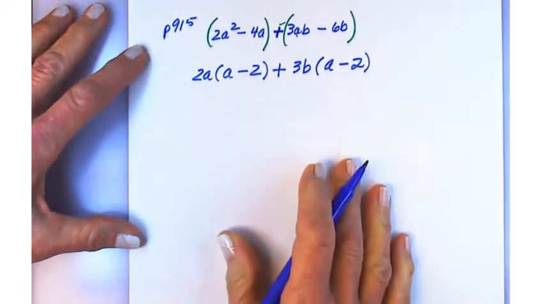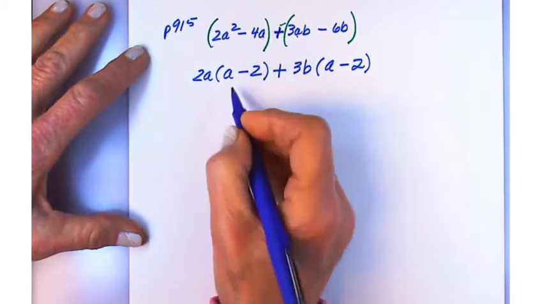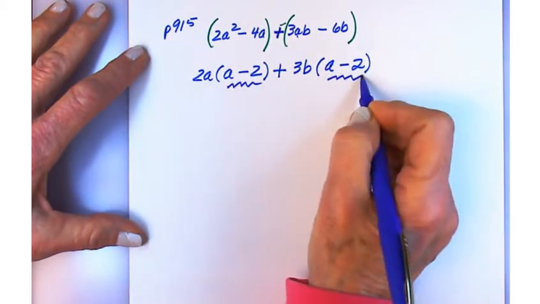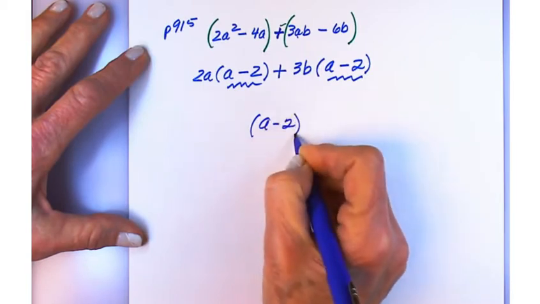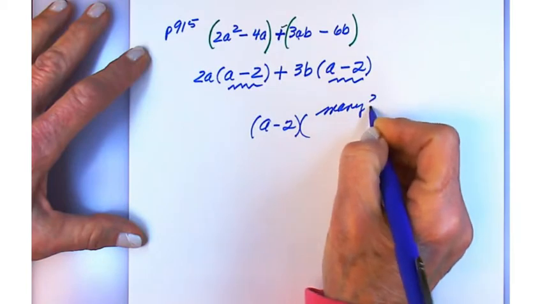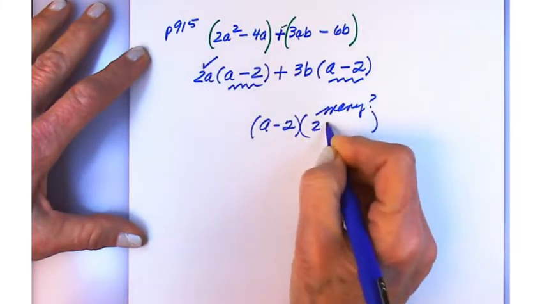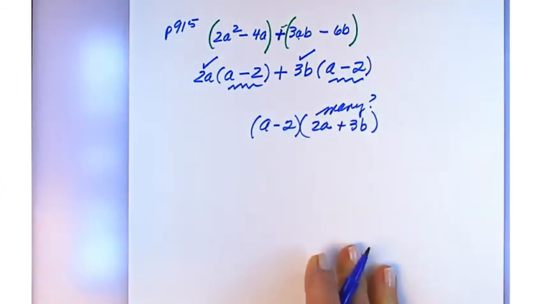Because remember, when we factor is a division process. Now my goal was to get a like quantity, which I did. I got a minus 2. How many of them do I have? I have 2a here, and I have plus 3b here.